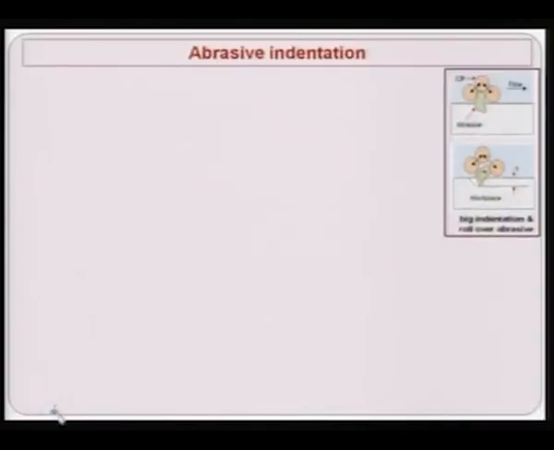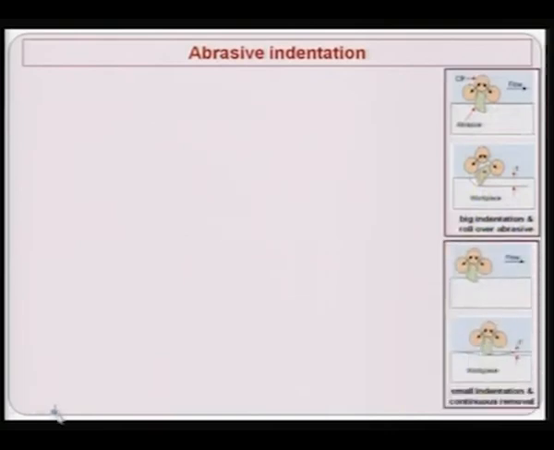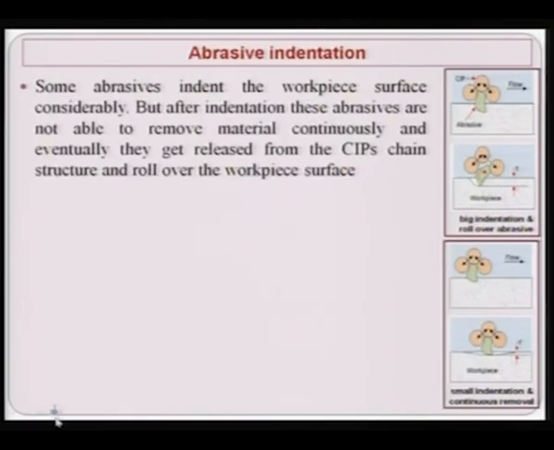Abrasive indentation. As you can see here, some abrasives indent the workpiece surface considerably, but after indentation these abrasives are not able to remove material continuously, and eventually they get released from the CIP chain structure and roll over the workpiece surface, very nicely depicted over here.